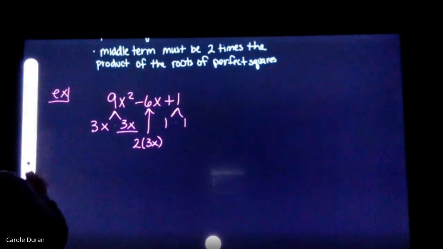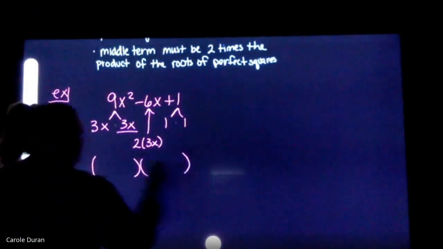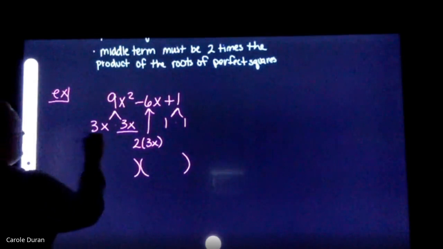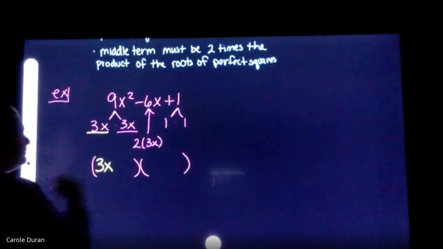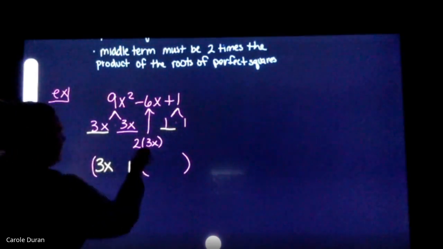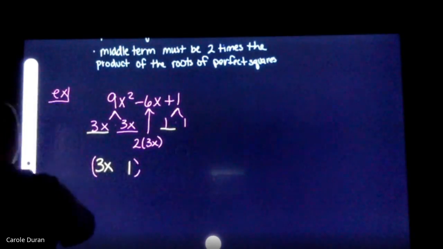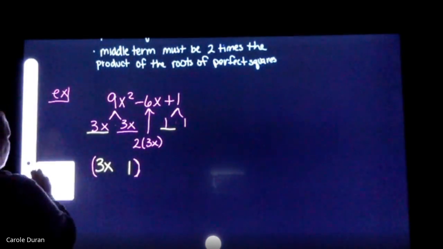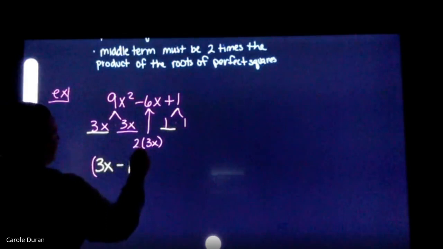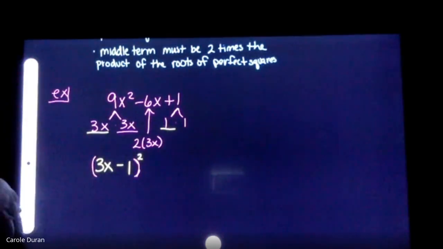When I factor it, remember, it's going to factor into the root of the first term and the root of the third term with the sign of the middle term, so minus. And then we would just write it as squared because it's 3x minus 1 times 3x minus 1. Is that maybe starting to make sense for some of you?